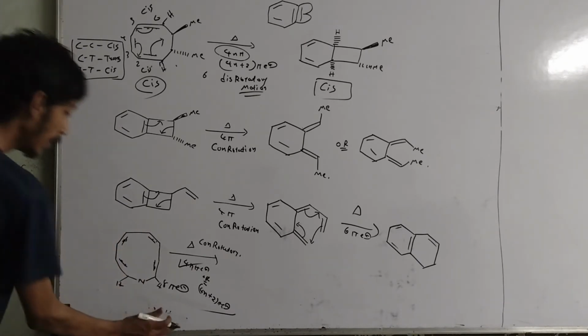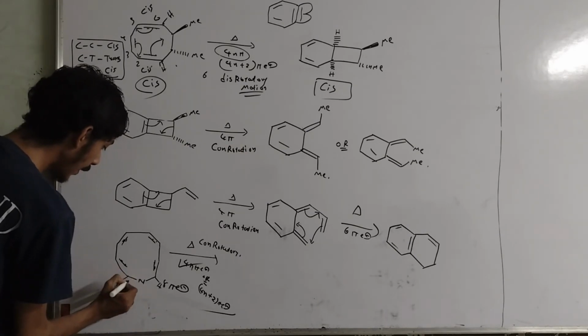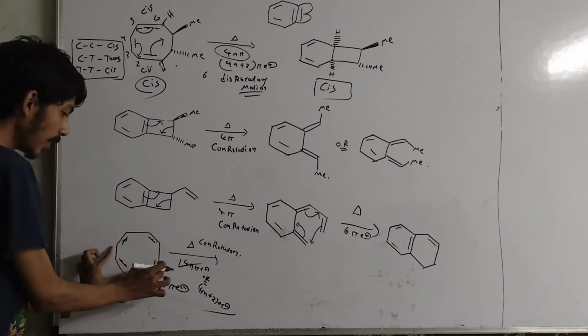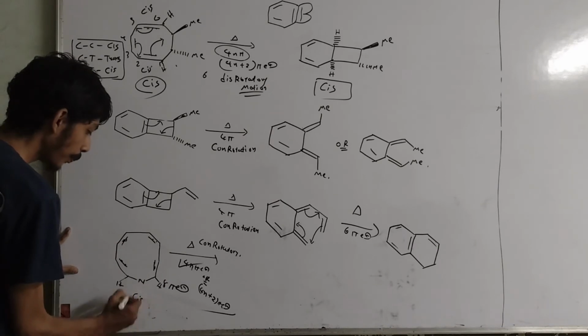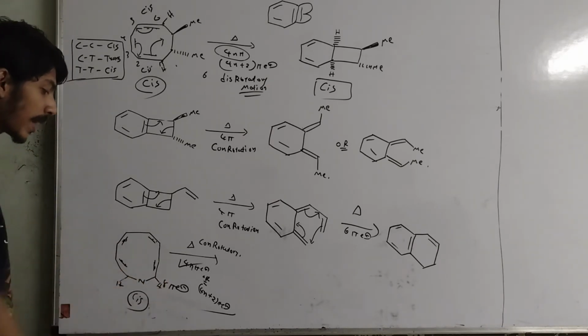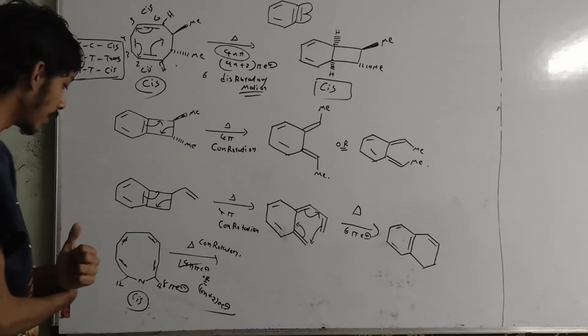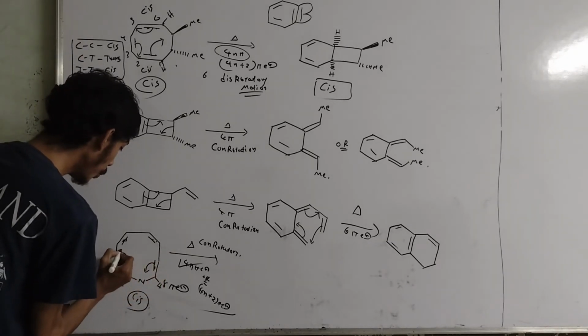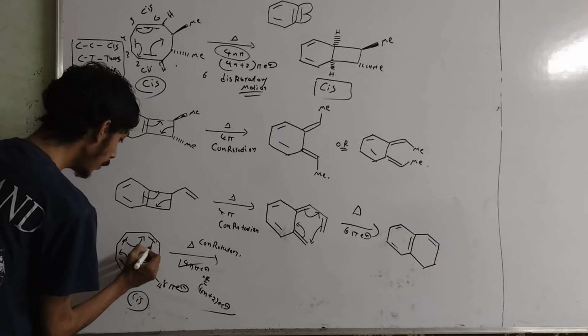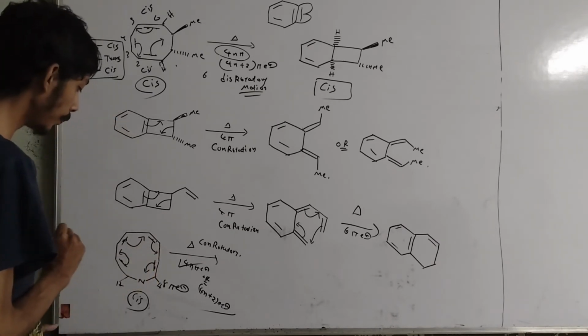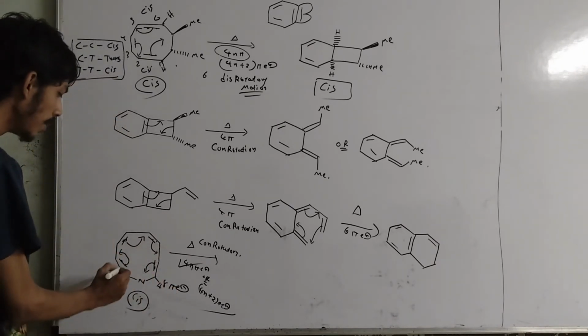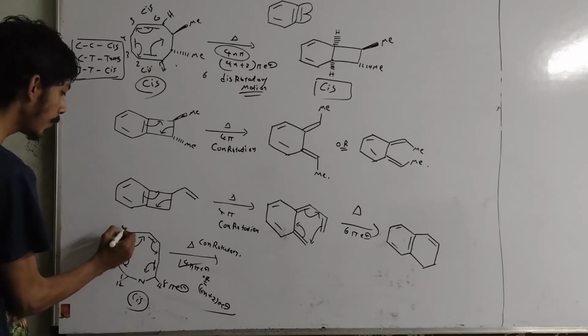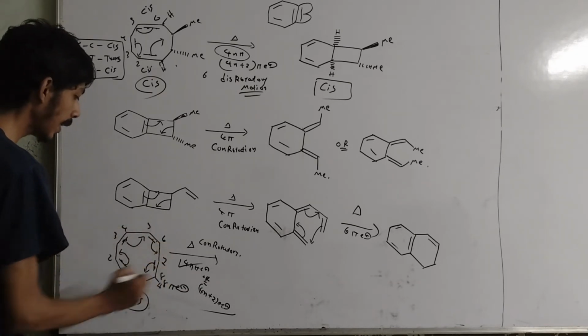Here you can clearly see that both the double bonds are cis in nature, so these hydrogens are also cis in nature. Now the electrocyclic ring closing reaction will occur, and how many rings will be formed? 1, 2, 3, 4, 5, 6, 7 and 8.